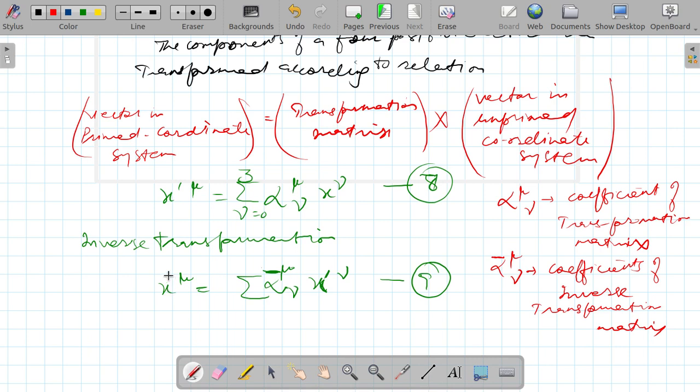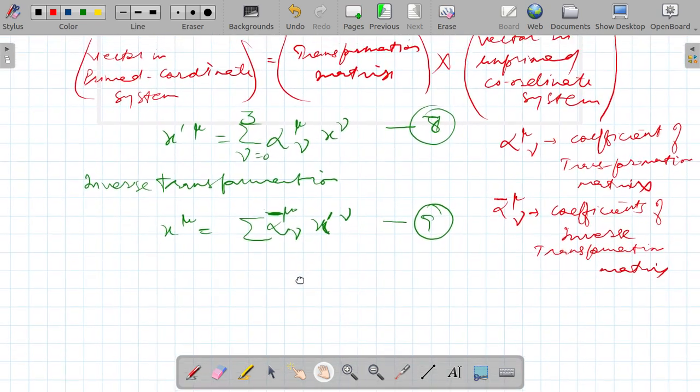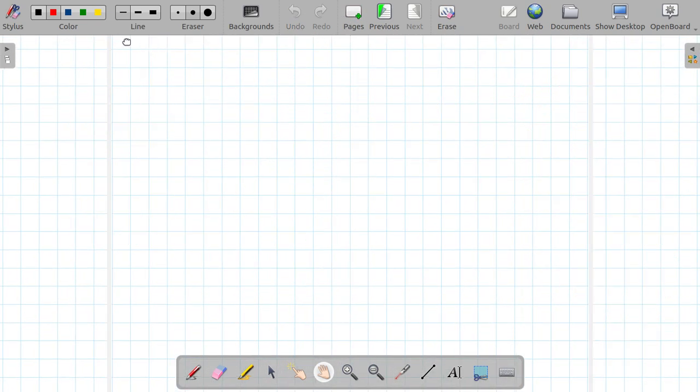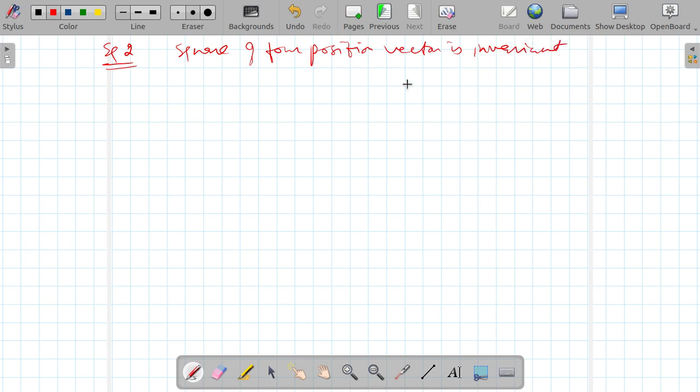Since equation number 2 suggests that the square of the 4-position vector is invariant, that leads to the conclusion that the summation over mu from 0 to 3 of x mu x mu must be equal to the summation over mu from 0 to 3 of x prime mu x prime mu.